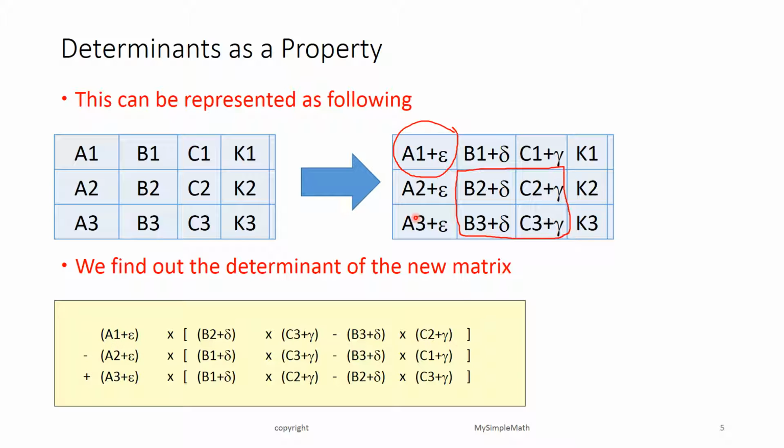Similarly, we have A2 plus epsilon into B1 plus delta into C2 plus gamma into C1 minus C1 plus gamma into B2 plus delta, which is right here. The negative sign is because of the minor, and similarly the last one. So we find the determinant of the new matrix.